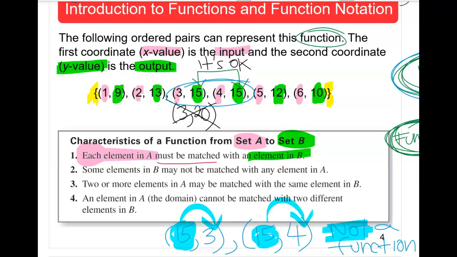Now, number 2 says, some elements in B may not be matched.